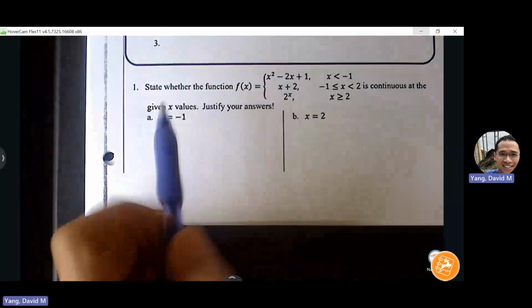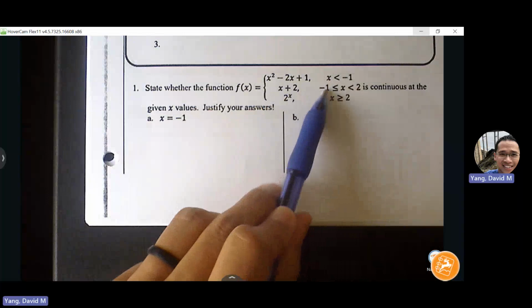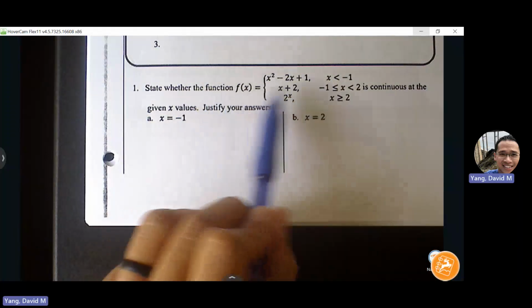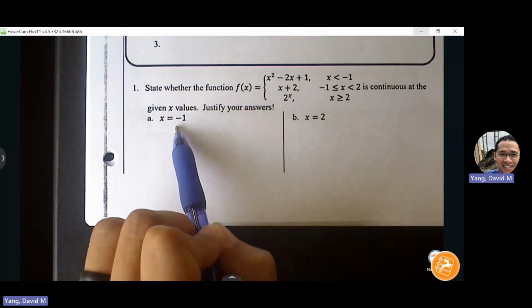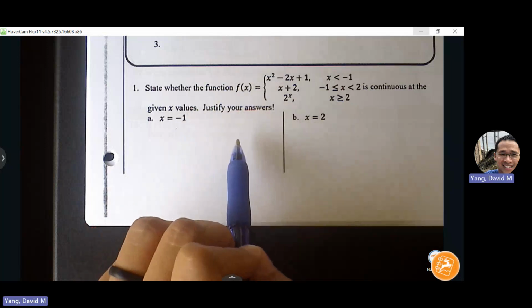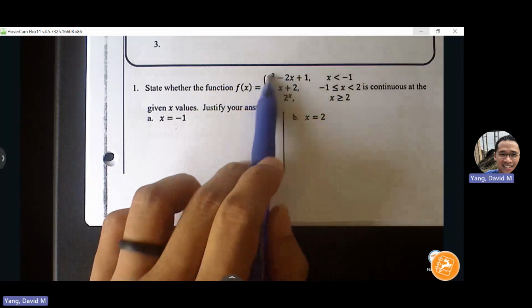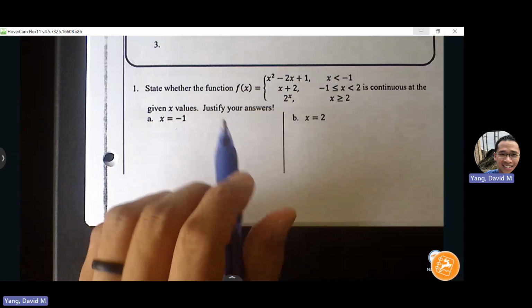Number 1 says we have a piecewise function, 3 separate branches, all with various locations defined. State whether the function is continuous at a specific x value and justify your answer. So -1 is our target. We want to know, will it pass through all 3 conditions? We're doing this because we don't have the graph in front of us. Obviously, we can graph this out and see it, but we're asked to justify using continuity conditions.